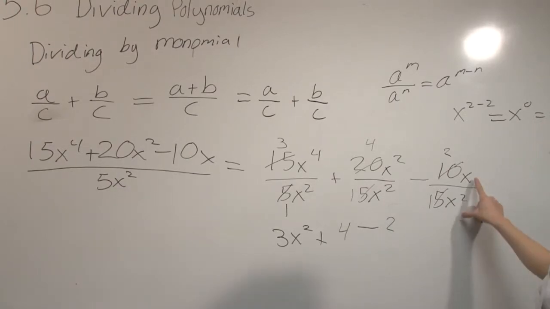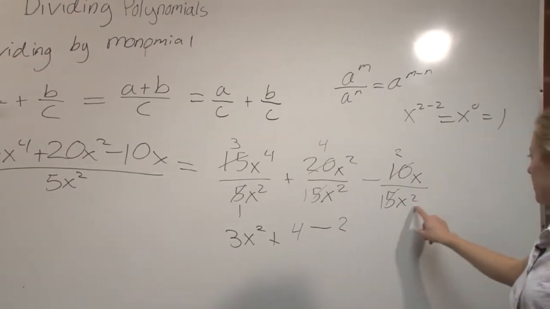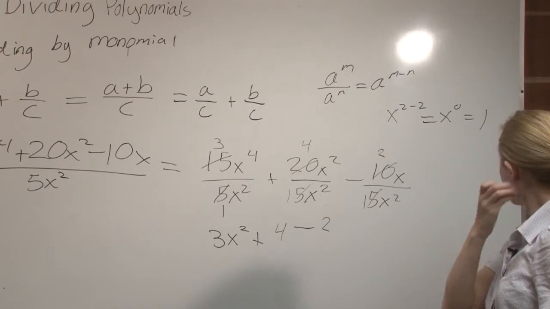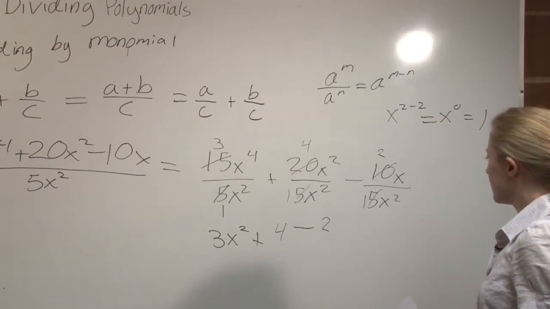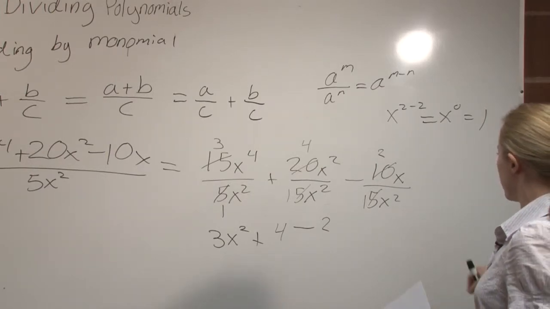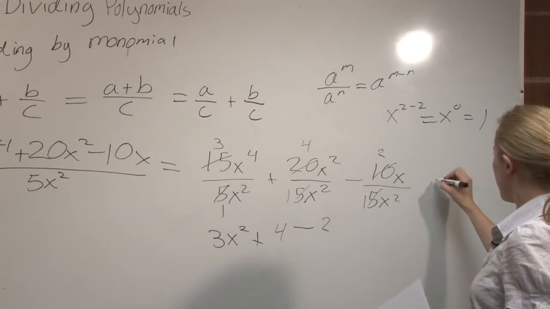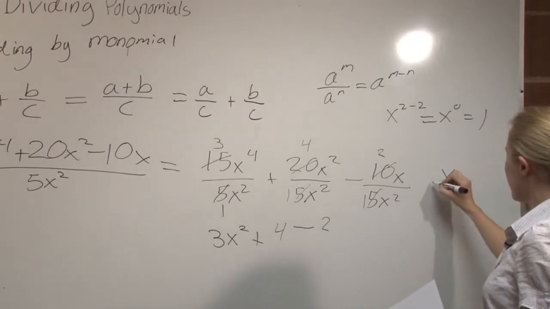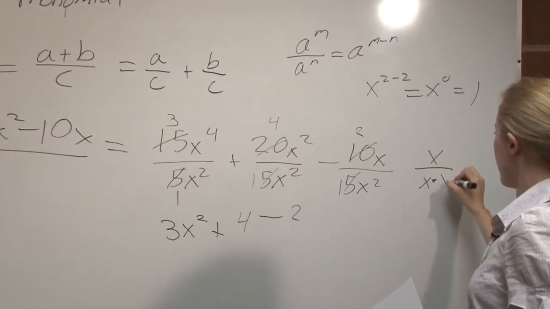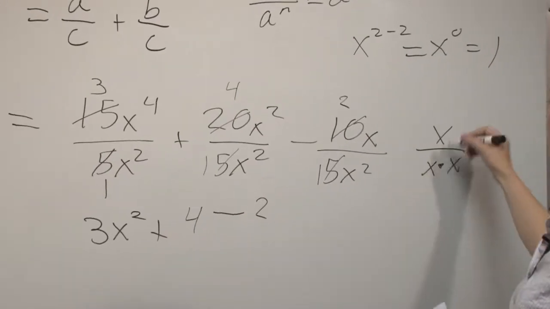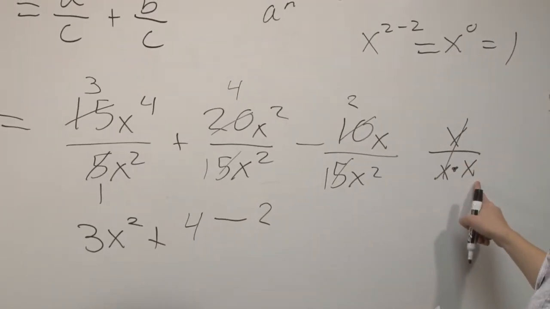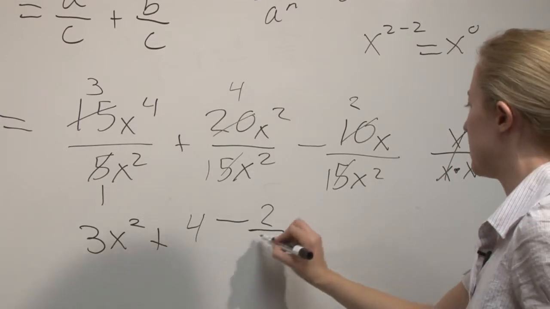But what's going to happen here when I have an x in the numerator and an x squared in the denominator? You can think about it 2 ways. One way you could think about it is that you have x over x times x, which is what x squared is. So I could cancel out one of them and be left with an x on the bottom.